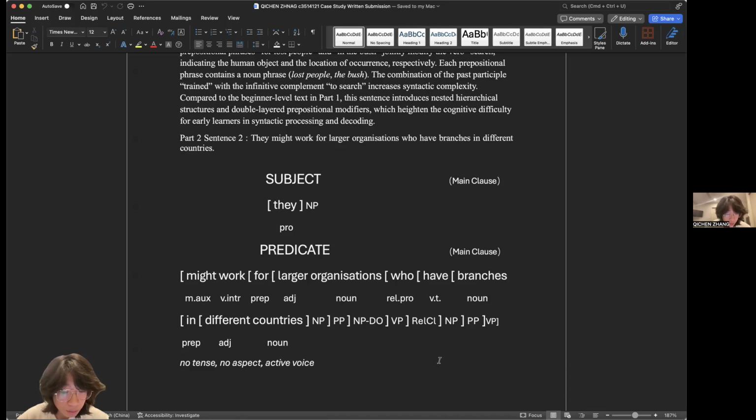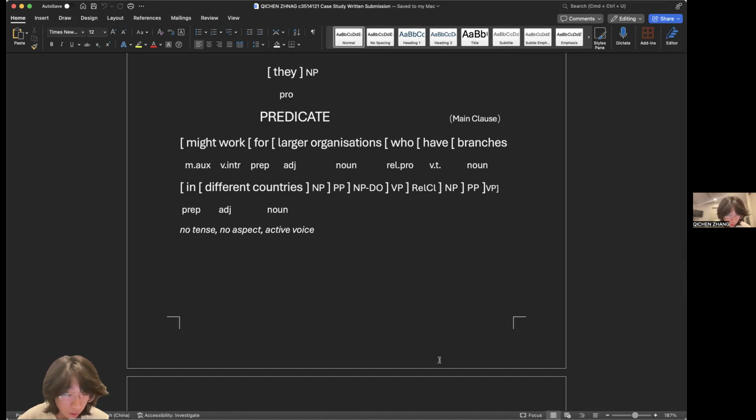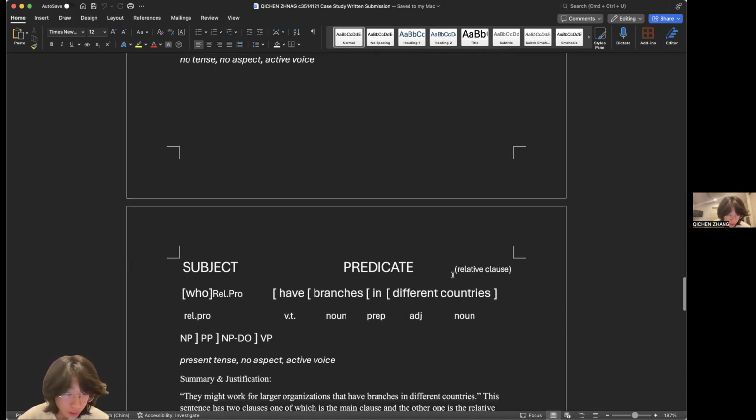Next, in the subject predicate, the word might is a modal auxiliary. This gives a tone of possibility, which is why the semantic uncertainty of the sentence is boosted, and it is also a temporal marker. The introduction of the relative clause complicates the sentence.